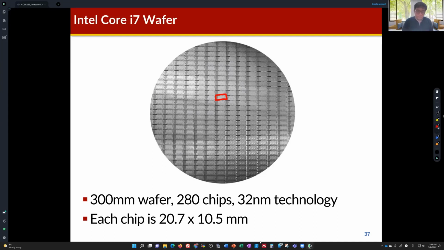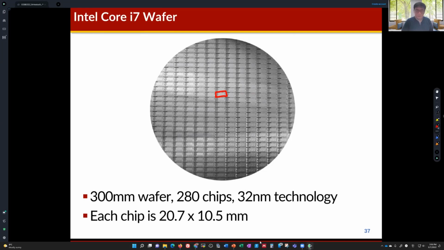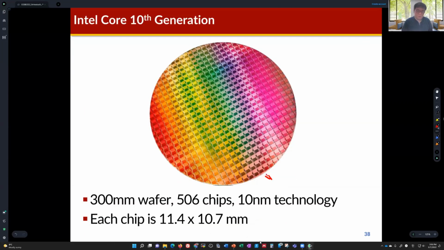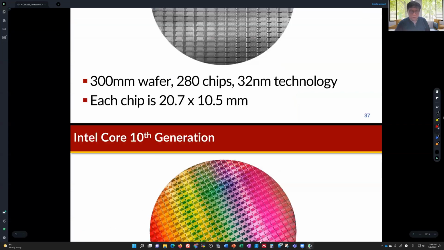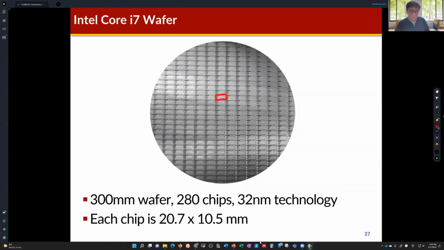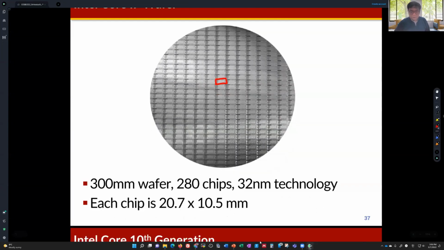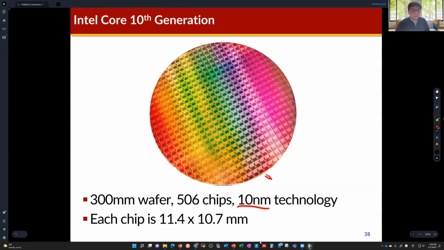And this is the die of the recent Intel 10th generation core. So what is different? The wafer size, the wafer diameter, is the same, but the technology node is different.